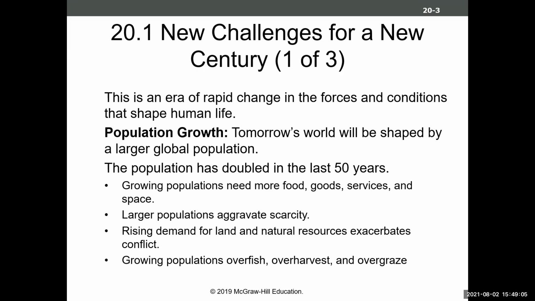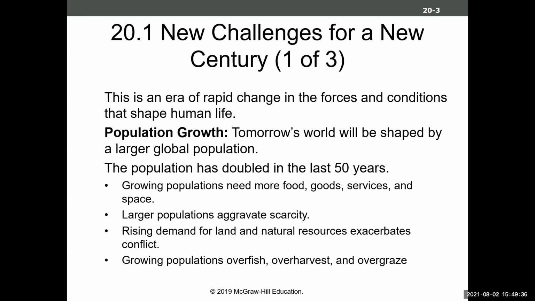This rapid change forces differences in conditions in all of our environments, and that ultimately affects human life. Population growth is very rapid. We're going to deal with a much larger global population in the future, and that population is going to double faster and faster as it gets larger and larger.